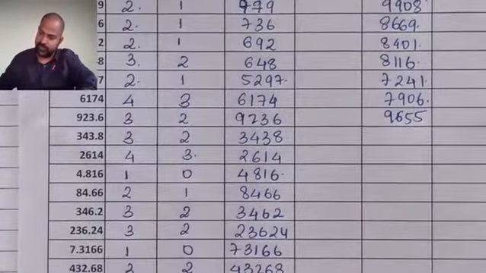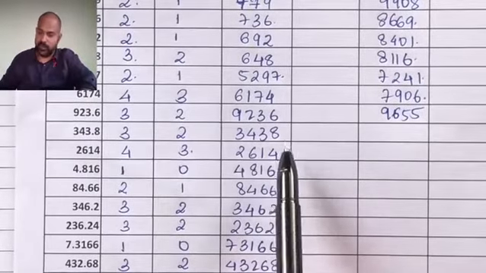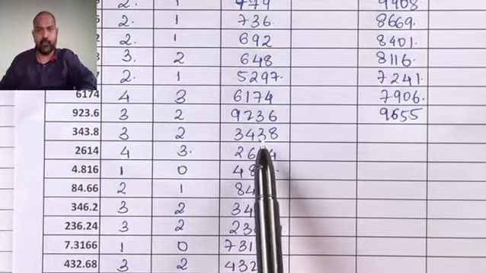Let's go to the next, and that is 3438. So under 34, I am looking for 3, and in that I am looking for 8.